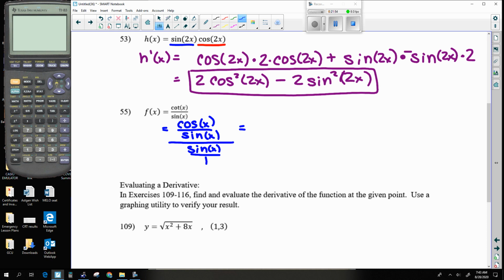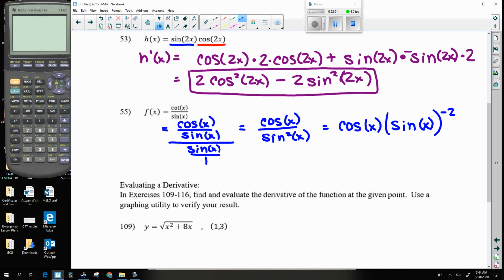So this is ultimately cosine over sine squared, which is ultimately cosine times sine to the negative 2. Again, I hate the quotient rule. Try to avoid the quotient rule almost at all costs.